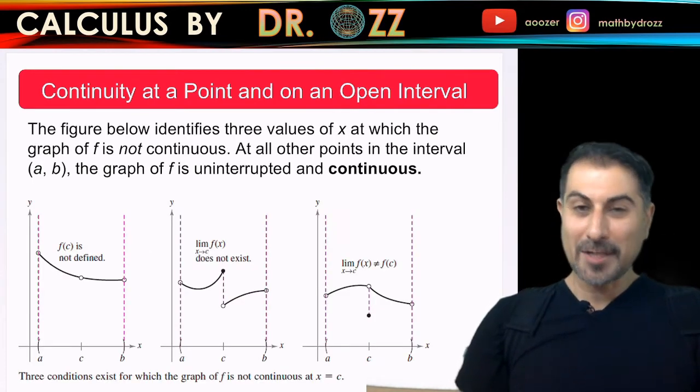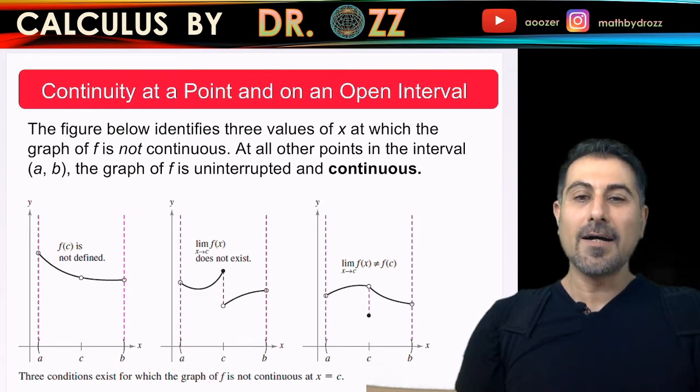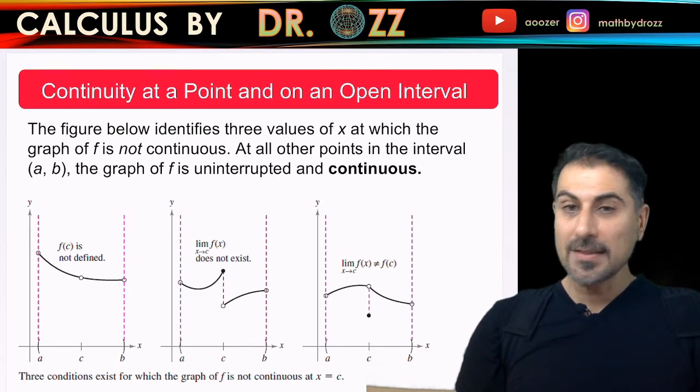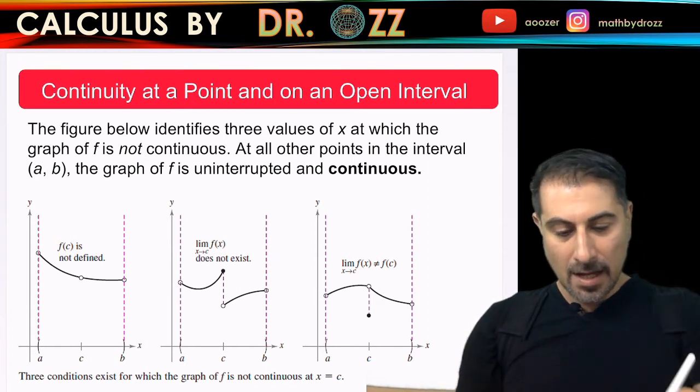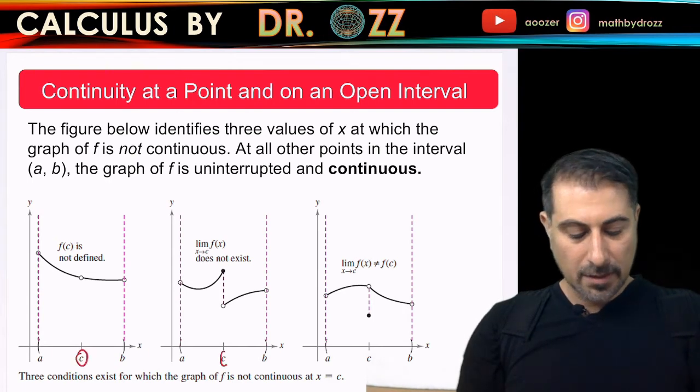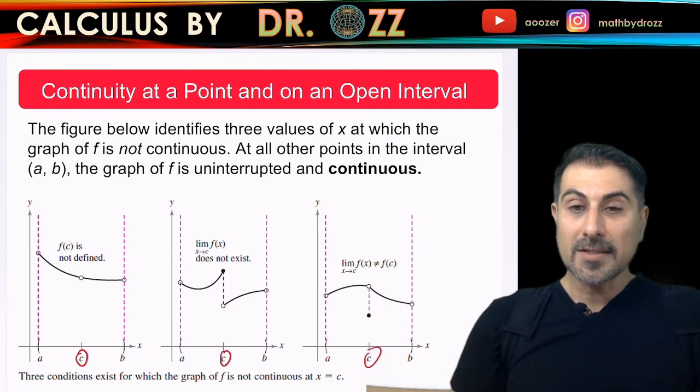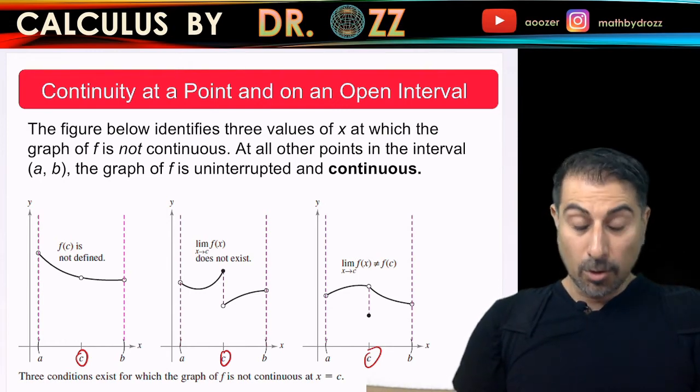In this slide, I'm going to demonstrate 3 different cases where continuity fails. Let's say we have the open interval a and b, and the point of consideration is x equals c in each graph. Let's discuss why continuity fails in all of these cases.